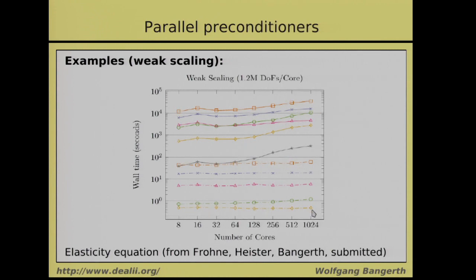And you have to remember that 1024 processors times 1.2 million degrees of freedom is a problem with more than 1 billion unknowns already. So in practice, that's fairly good speedup if I get something that only slows down by maybe a factor of 3. I hope what you get out of these pictures is that with this technology of algebraic preconditioners for a CG iteration, we can go to very large problems and solve them efficiently.